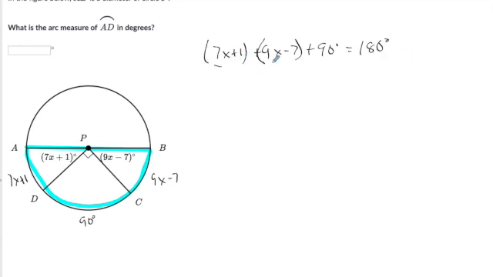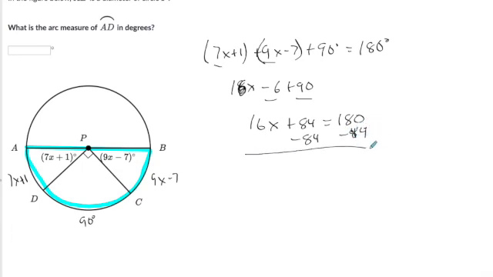Okay, then we just combine like terms and we get 16x, and then 1 minus 7 is minus 6, plus 90. Combine those like terms, I have 16x plus 84 equals 180. Continue to solve, subtract 84.